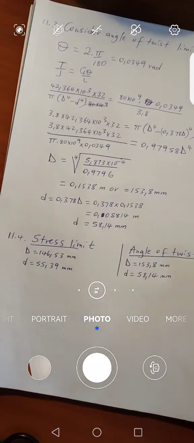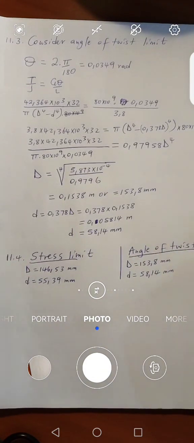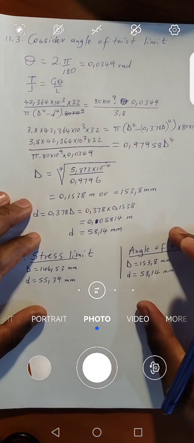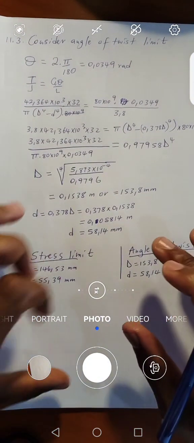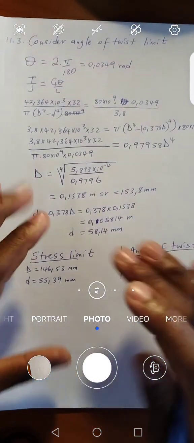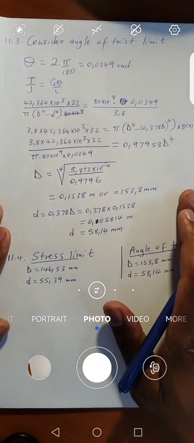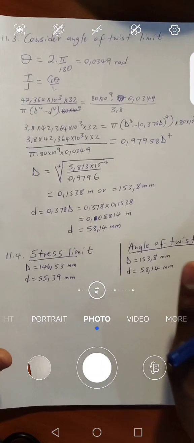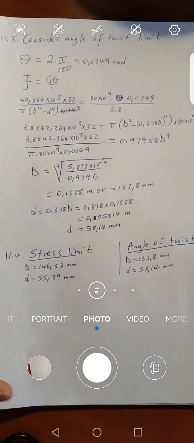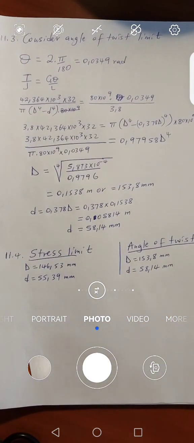Now between these two sizes, we have to use 1. We need 1 shaft, not 2 shafts. So we have to choose between this and this. But the one that we're going to choose must satisfy both conditions.